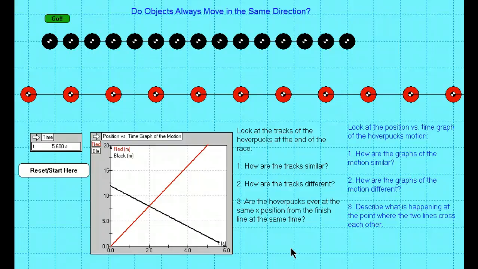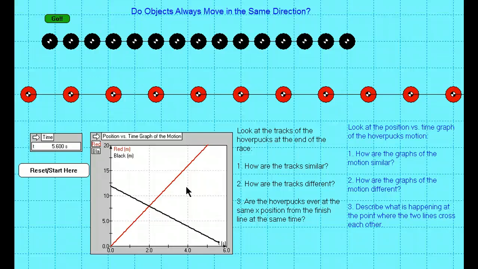If I understood the language of motion, if I looked at this graph, what could I tell you about it without having to see the actual race itself? In the end, that's what we're kind of heading toward: can you look at tracks of motion or graphs of motion and be able to describe what happened in the past?